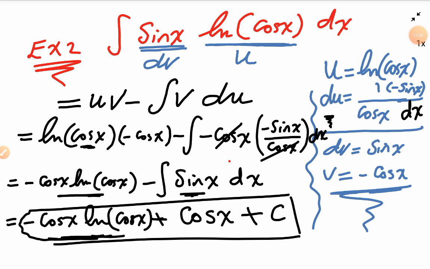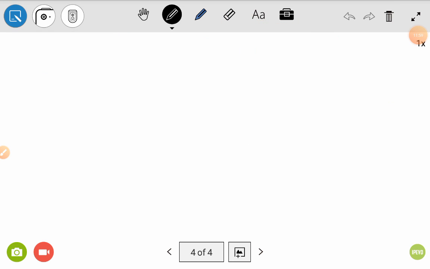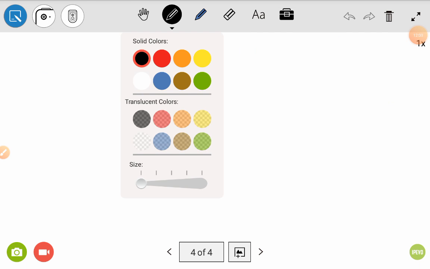Okay, one more example for by parts. Example number 3.